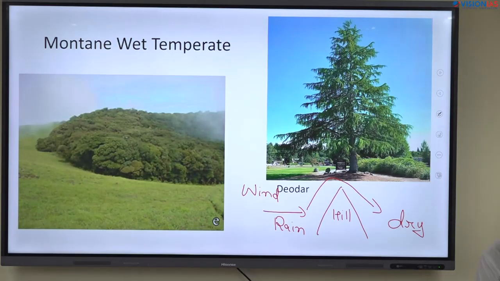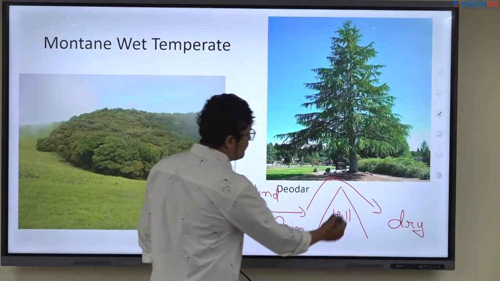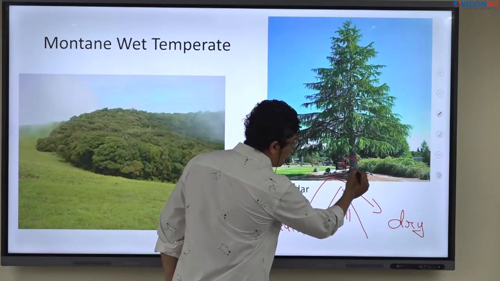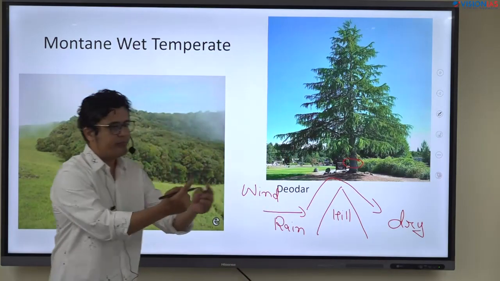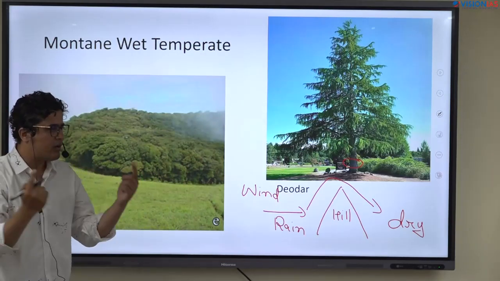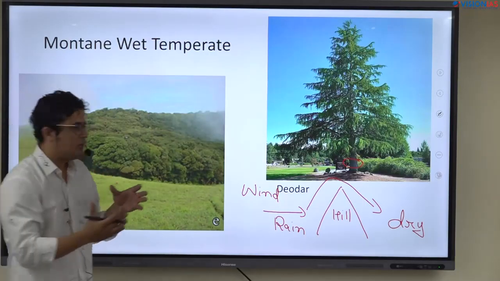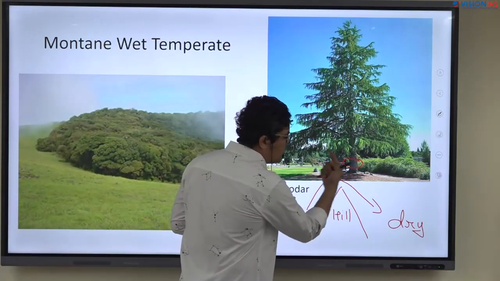Trunks have large girth. What does it mean? If you look at this stem of the tree, you call it trunks, stem, have large girth. Girth means its circumference.